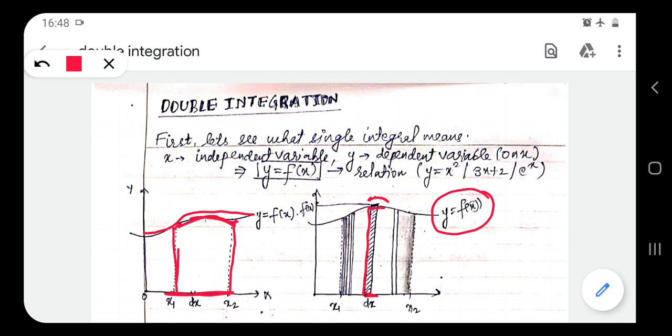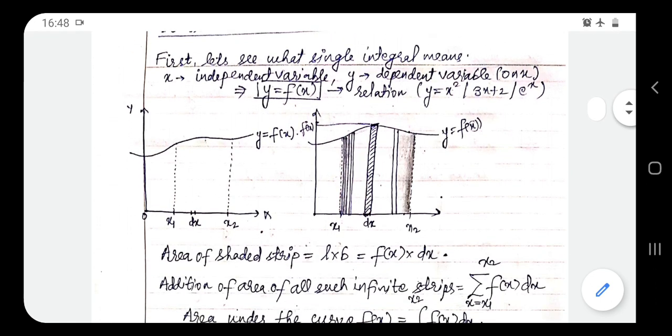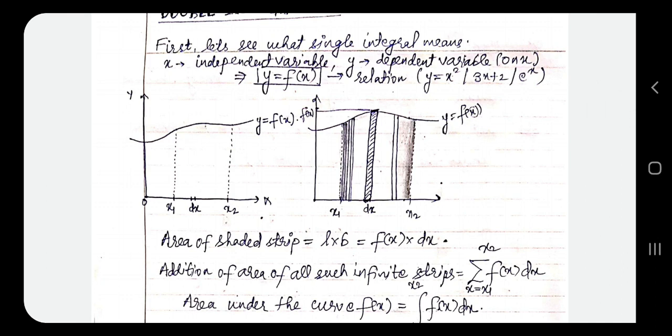Like this strip, I can draw infinitely many such strips parallel to the y-axis, and I am interested in finding the area of that strip. So the area of that shaded strip is length into breadth.